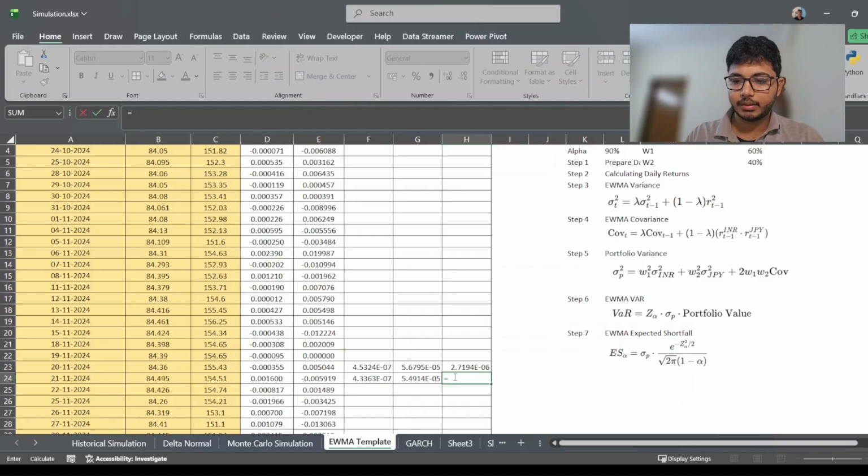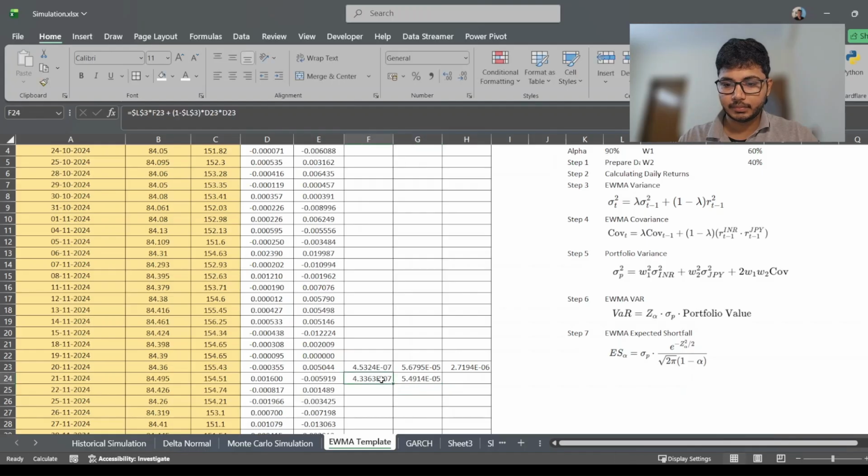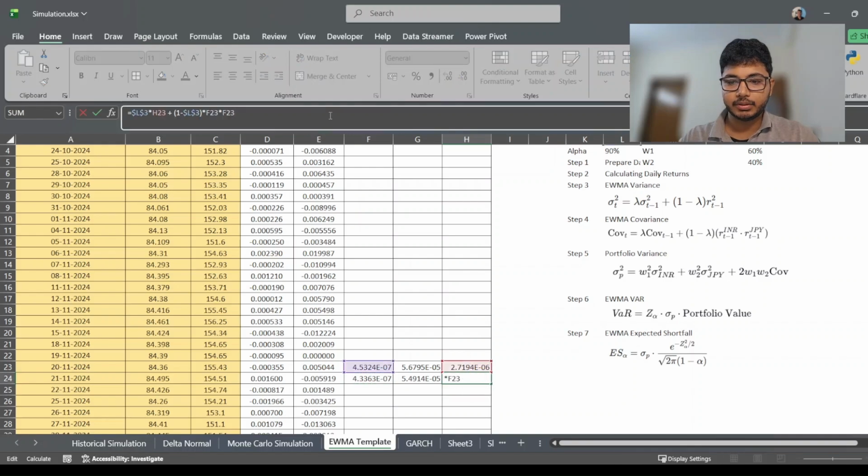Then we're going to calculate the covariance again from this covariance matrix. So it's again similar. What I can do here is copy paste this formula. It involves squared return. F2, 3.